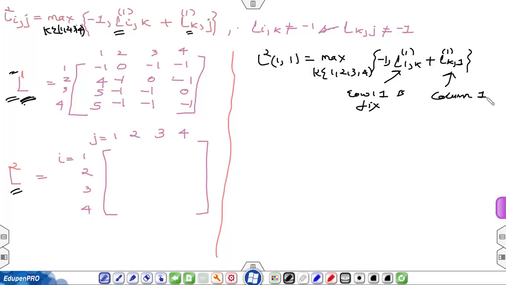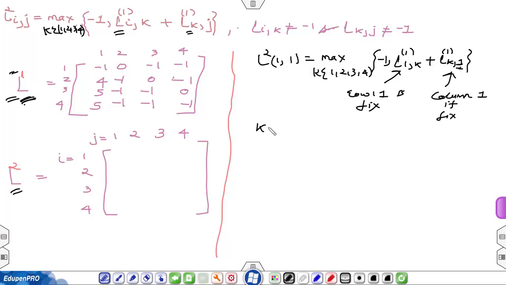Column 1 is fixed. In the first case, the row is fixed, that is 1. We have to check in different columns in row 1, and in the second case the column is fixed, k is varying, so we have to check in different rows for column 1.